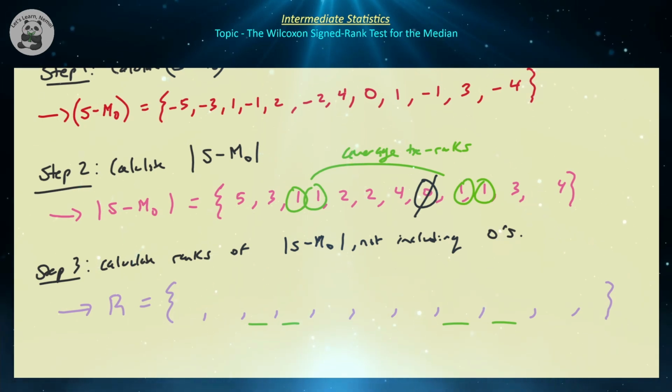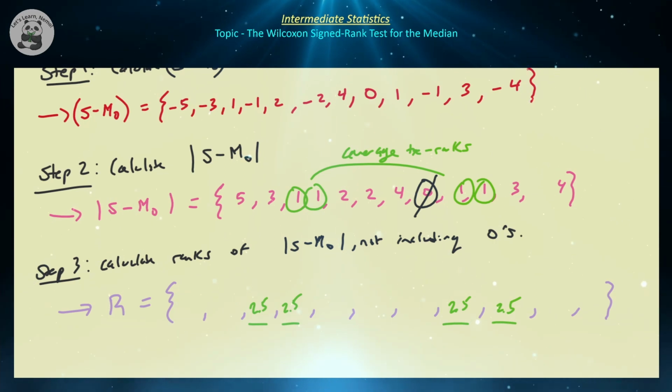The average rank of 1 to 4 is going to be 1 plus 4, which is 5, and 5 divided by 2 is going to be 2.5. So each one of those values is going to get a rank of 2.5. So we're going to have 2.5, 2.5, 2.5, and 2.5. Right, so those are going to be those particular ranks.